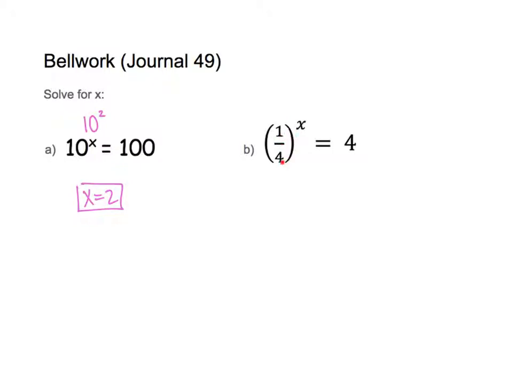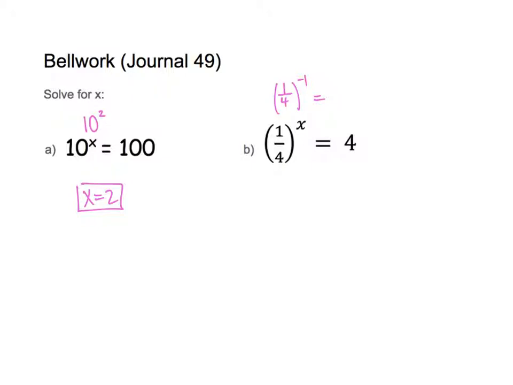Notice you have a 1/4, so we have to figure out what power makes this 1/4 turn into a 4. Well, we learned that with negative exponents, actually let me write it this way. So if I have 1/4 to the negative 1 power, remember, the negative power makes the fraction flip.